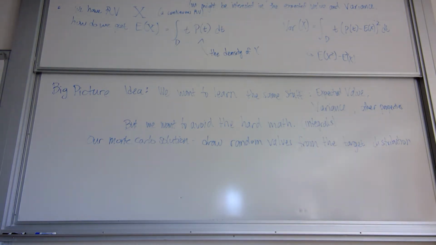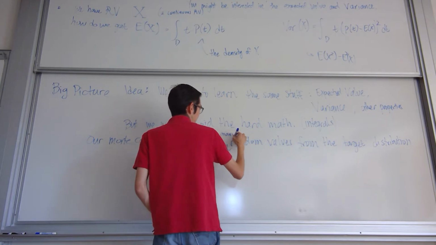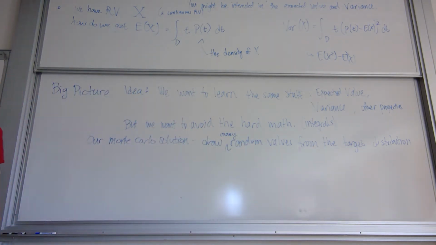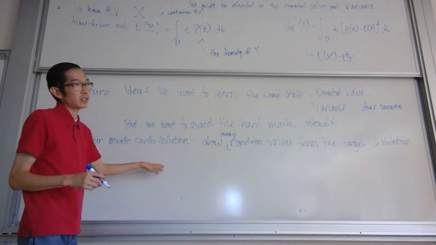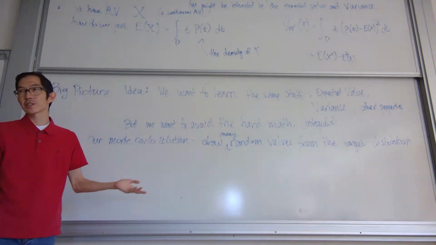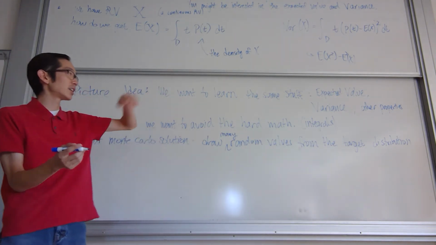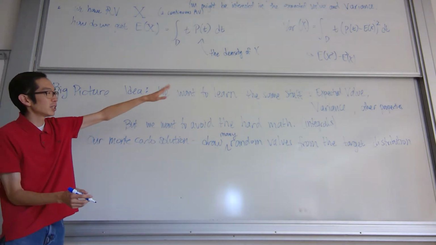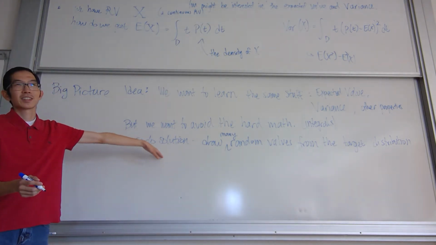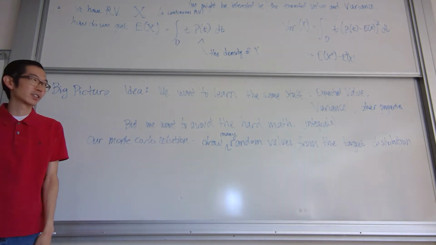So our solution is just going to draw random values from the target distribution, and I should say many. Those values stand in for the distribution itself, and then you take the mean of those values you draw, or the variance of those values, okay?